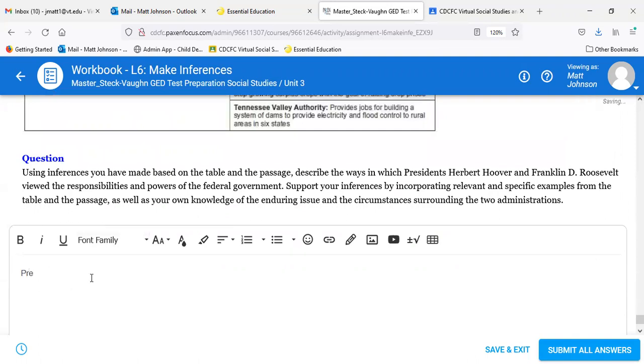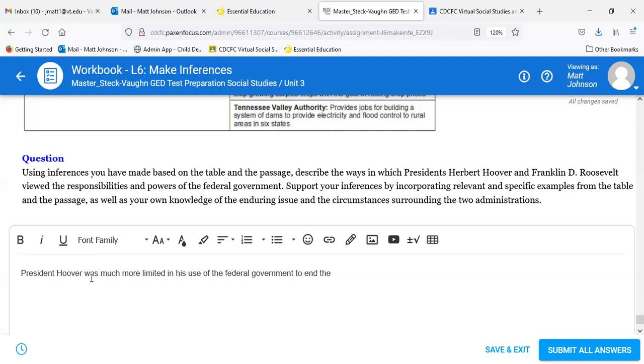So President Hoover was much more limited in his use of the federal government to end the Great Depression.